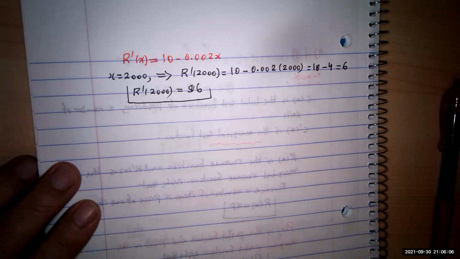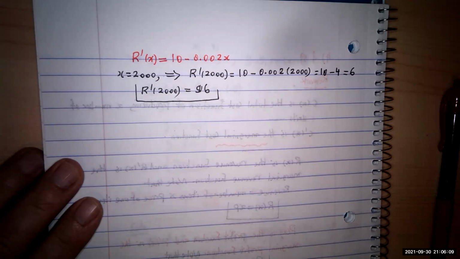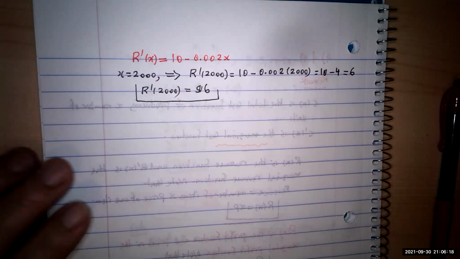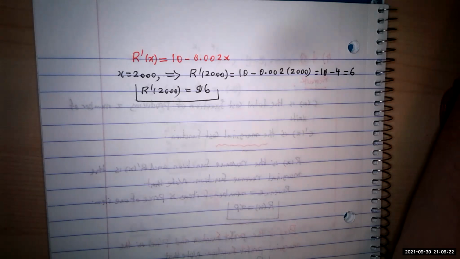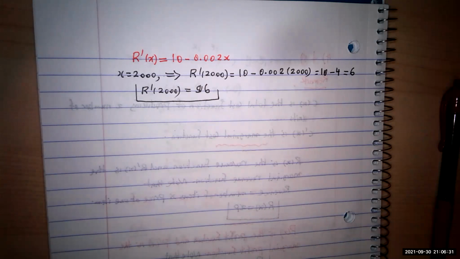Remember, derivative is rate of change. Derivative is the prediction, the predicted rate of change. So what are you predicting for this number? You make $6 a unit. So you're making $6 a unit after 2,000 headphone sets? Yeah, that's it.